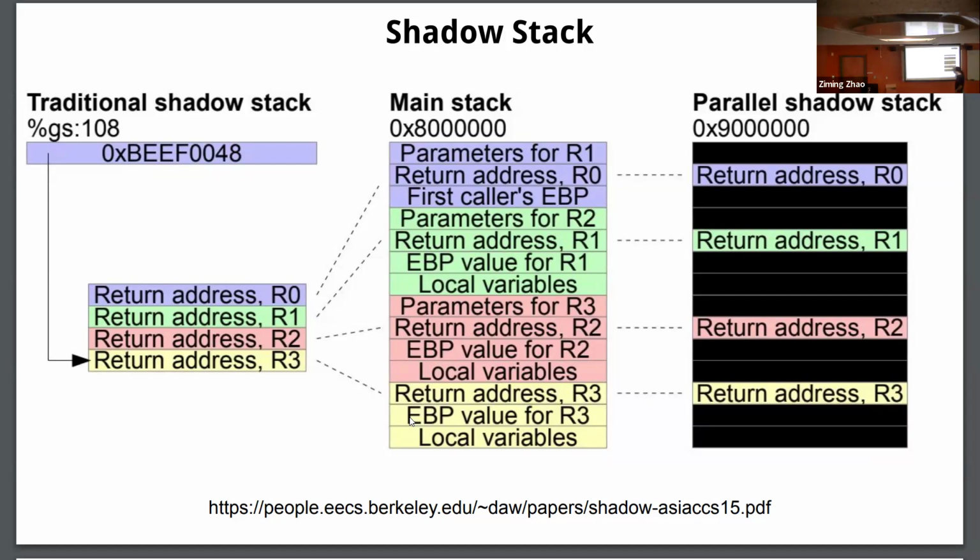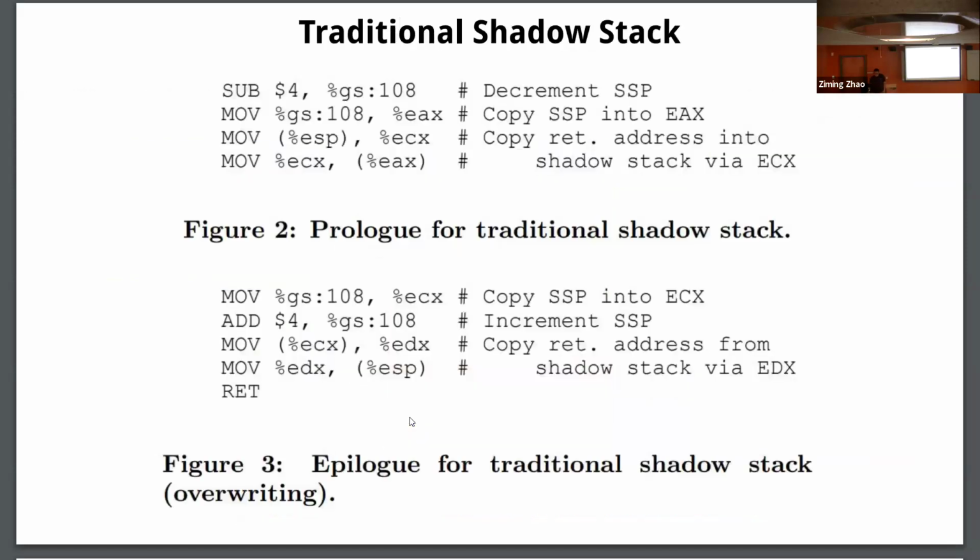However, there is a constant offset between the return address on the original stack and the shadow stack. The benefit of this is it will be much faster. However, you waste a lot of space. And we're going to look at how this is implemented.